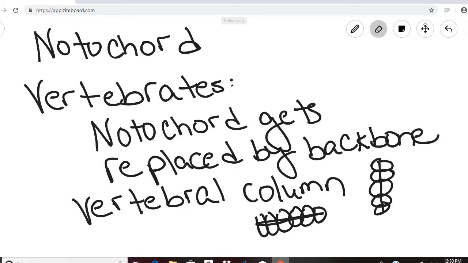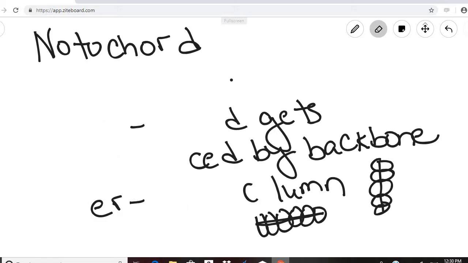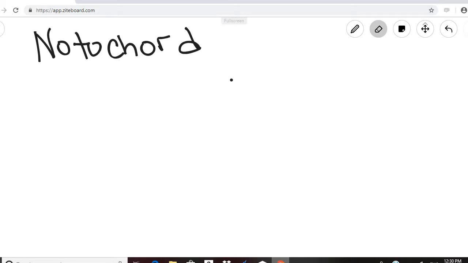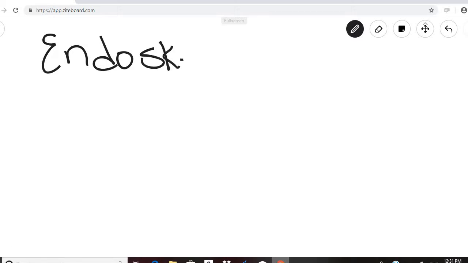Another thing, in terms of the skeleton of the vertebrates: most of the organisms that we looked at last week had an exoskeleton, but in this subphylum, the organisms all have an endoskeleton. Okay, so that their skeleton grows with the animal. It's internal.